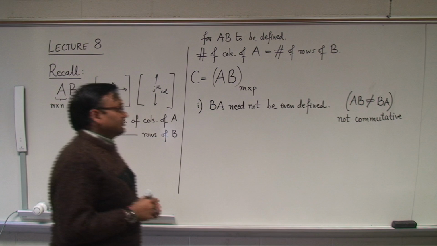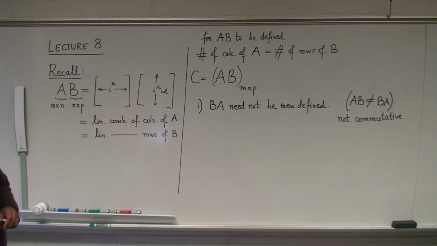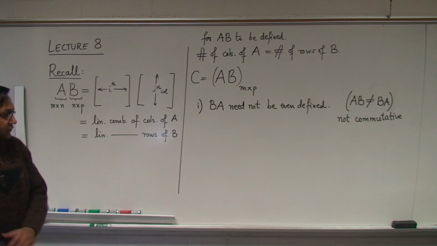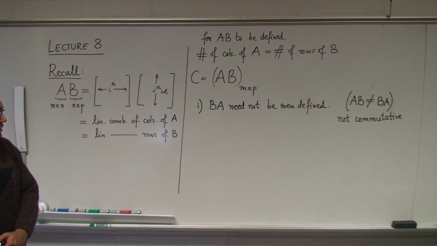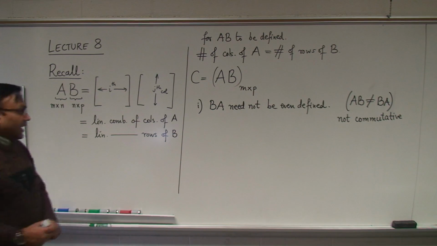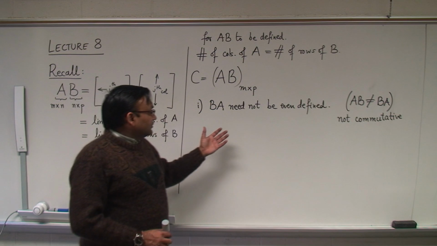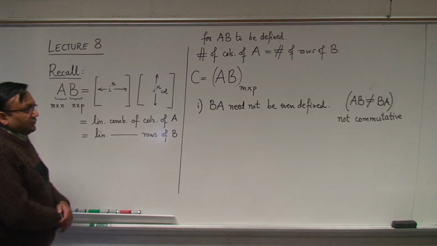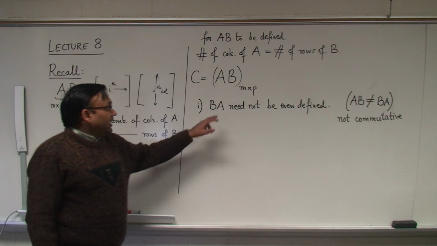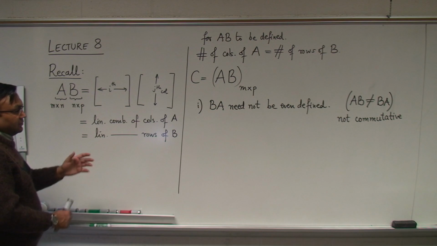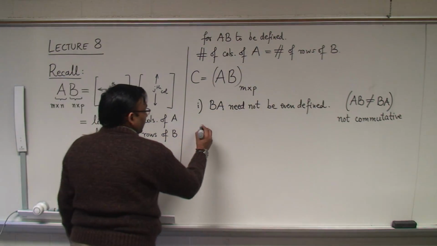Now this is perhaps the first time many people see an operation where things are not commutative, even though you would have seen division, which is also not a commutative operation. But this is another instance where you see matrix multiplication is not commutative. And in fact, one can ask a question, well, under what circumstances will AB not be equal to BA? For example, in this case, we are saying A times B is defined because of the sizes of A and B, and B times A need not be even defined.